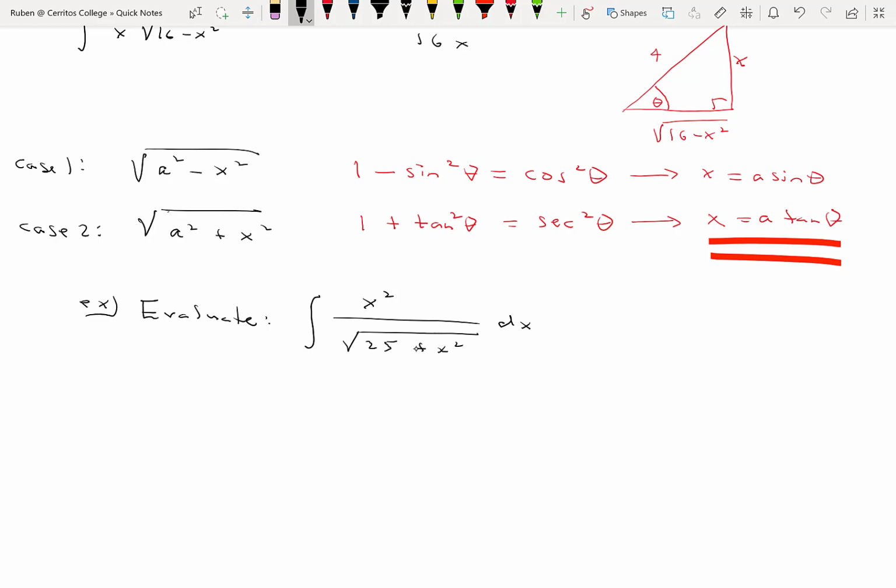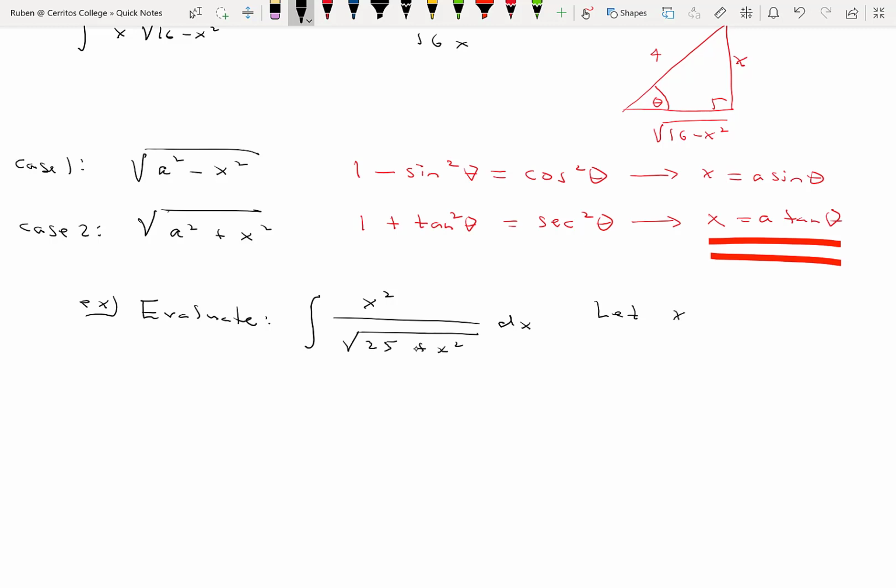In Calc 1, can you see what would be the problem if we made u equal to 25 minus x squared? The problem in the numerator is that the power's too high. In order to make the substitution, we need du to have x dx in it, and not x squared dx. So the power would need to be to the first power in the numerator. Okay? So let's make the substitution.